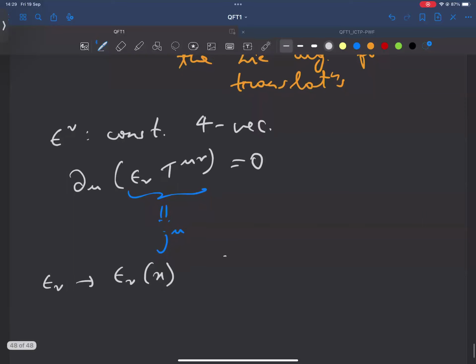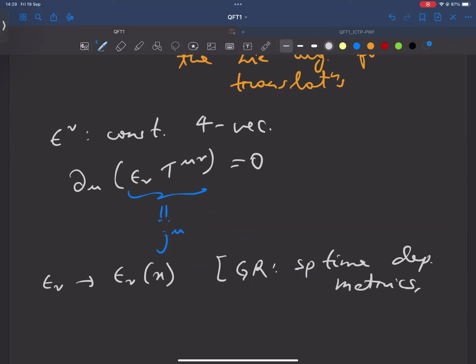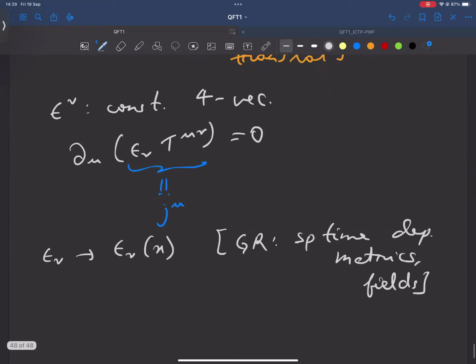For people who are familiar with GR, we look at space-time dependent metrics and these kinds of fields. So this is the setting where you promote this to this quantity. Now let's see what happens.